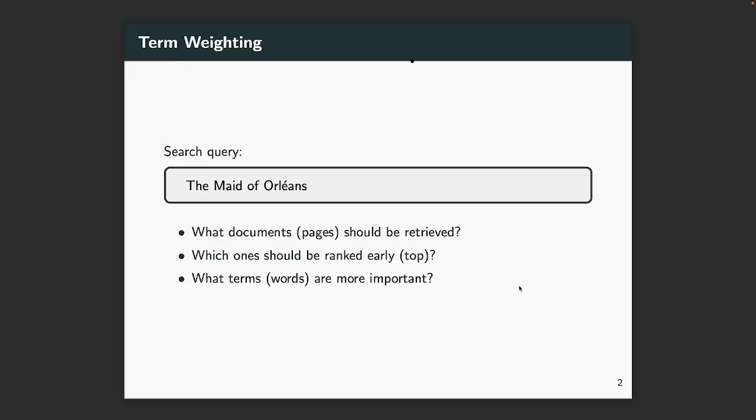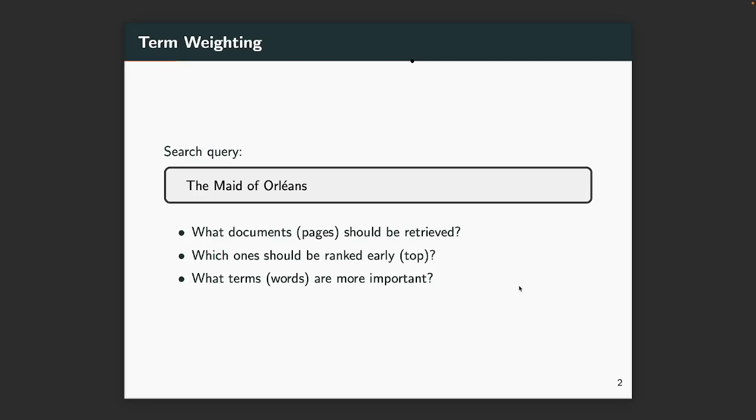And then once the matching documents are found, the search engine will rank or sort these documents in a certain order so that hopefully the most relevant, most useful piece of document will be presented to you first as a user, so that you find your information.